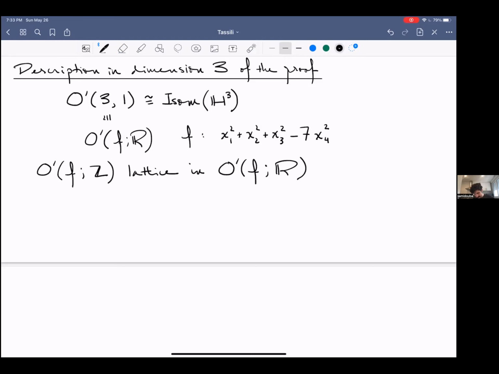By that I mean the quotient of H3 by this group will have finite volume, but in fact it's even co-compact, and this is because this quadratic form is anisotropic over the rationals.